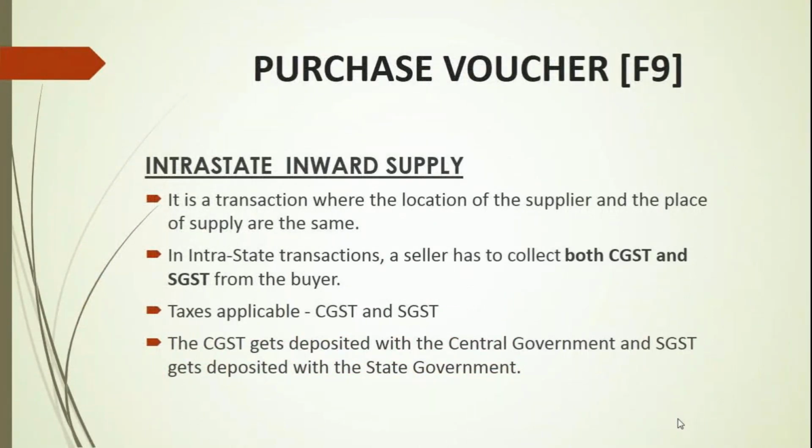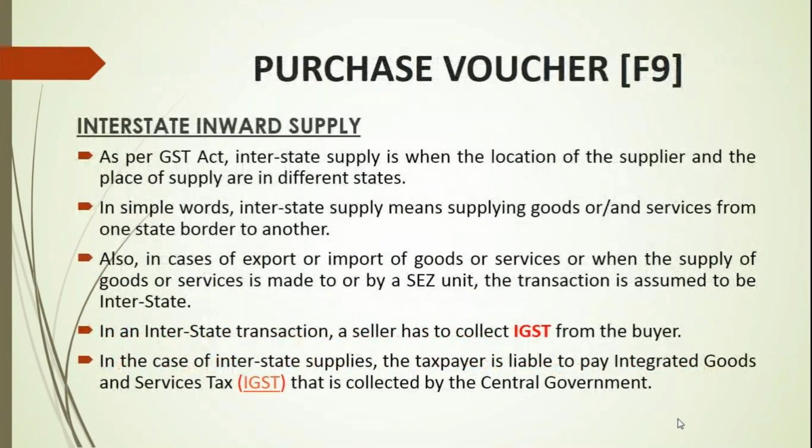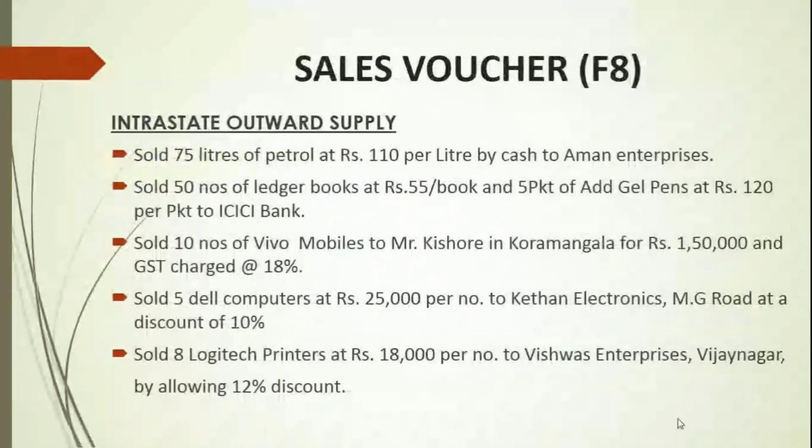We have covered both, and now we have to go for the sales voucher. Whatever sales of stock items are made from the business are all accounted and recorded in a sales voucher.